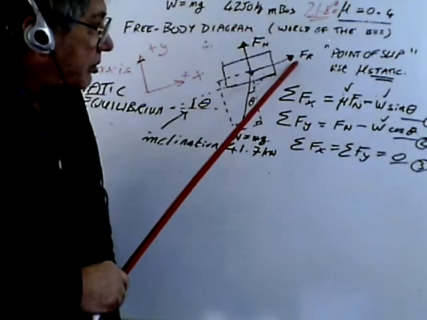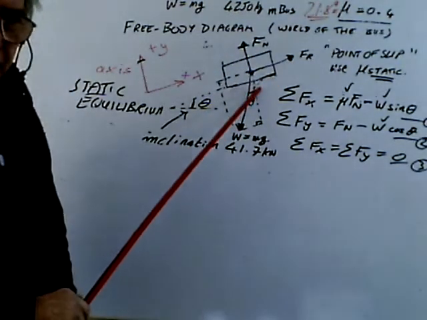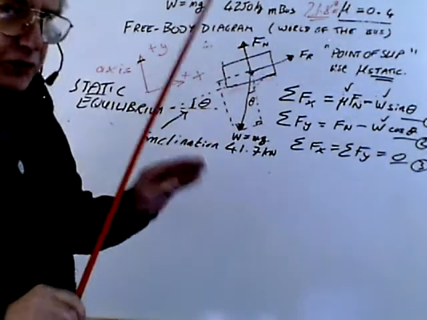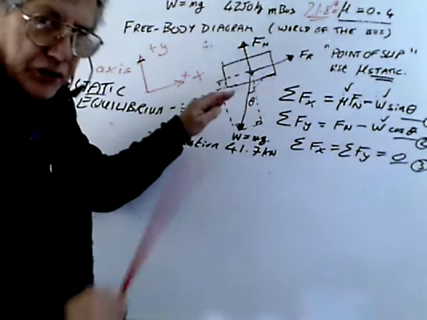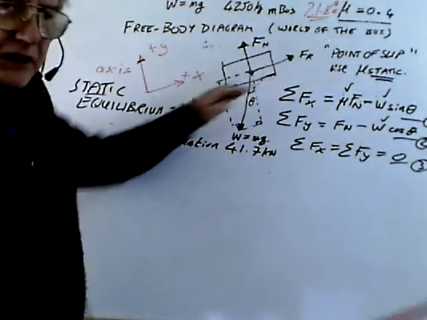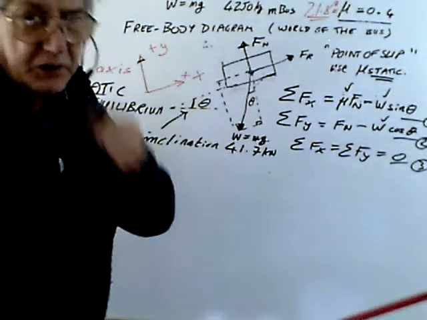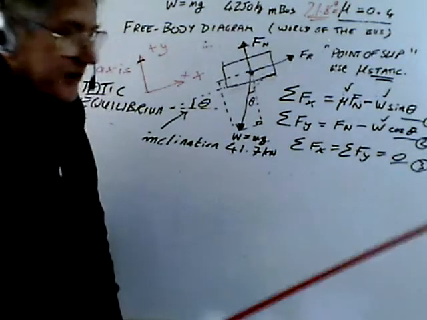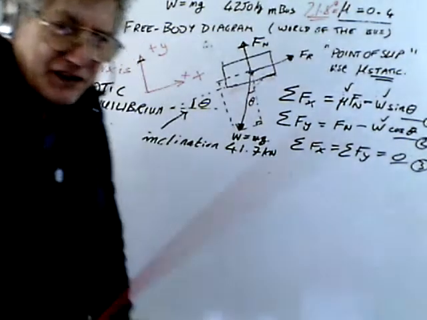So that Fr would be 0, and the bus would always slip down the hill if it was smooth. So think about a smooth surface in terms of our bus problem as maybe being an icy surface. The bus will slide down the ice, okay? Well, maybe not in reality, but I wouldn't stand in front of it, put it that way.